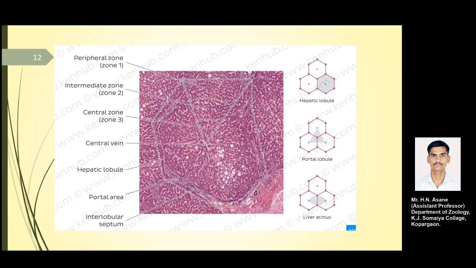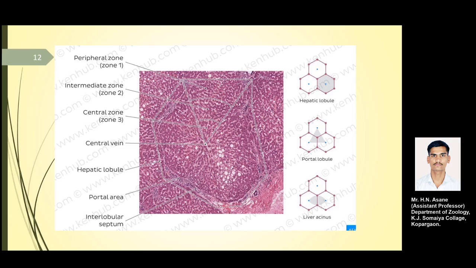From the central to the periphery, it gets divided into three regions. The peripheral zone is named zone 1. Then the intermediate zone lies between the central zone and the peripheral zone. And the third is the central zone.